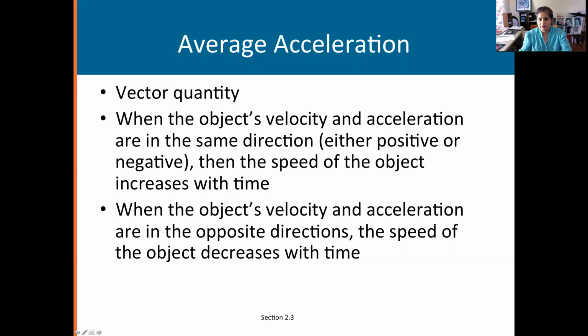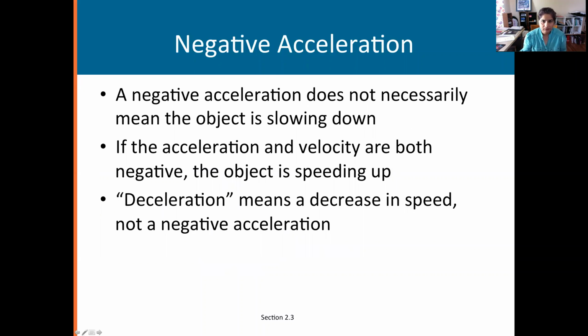But when they're in opposite directions, so your velocity is starting off to the right and your acceleration is to the left, so acceleration is negative, they must have opposite signs, then your object will slow down. So now you're coming to a stop. Negative acceleration just means an acceleration towards the left, and it does not mean that the object is slowing down.